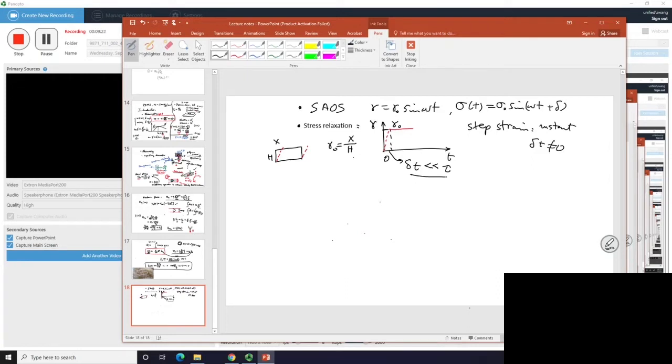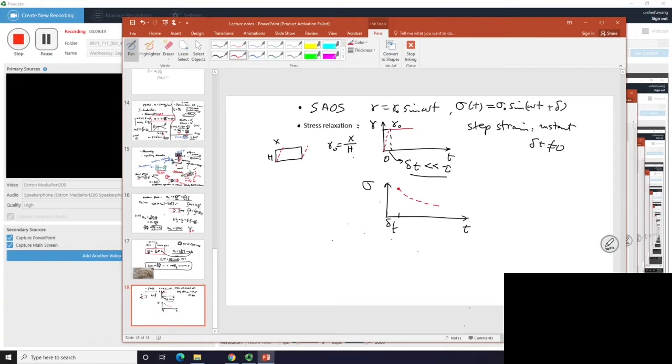And what do you do? You watch over that time scale, that little delta t, some stress that you created, and watch how it decays. That's called stress relaxation.